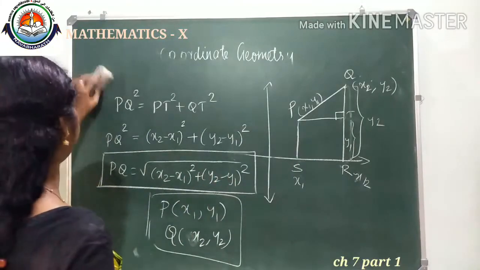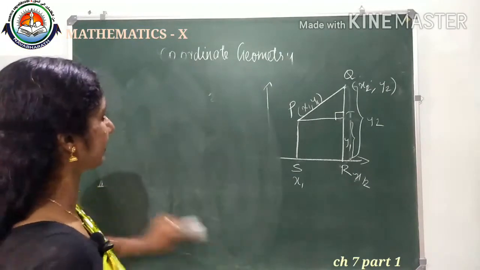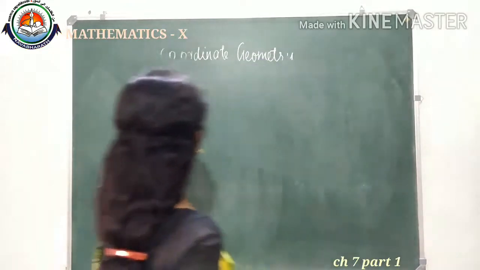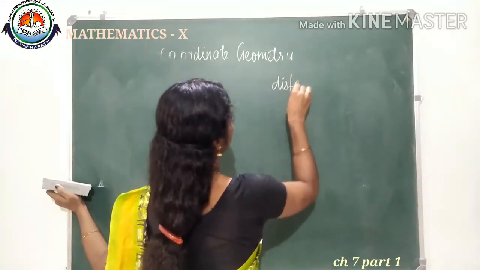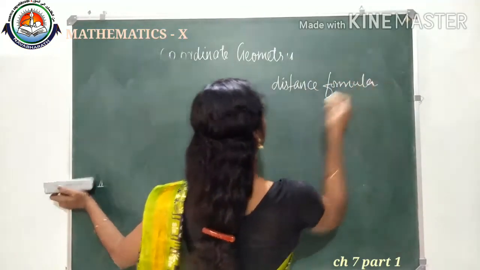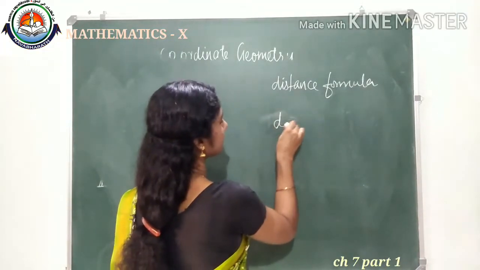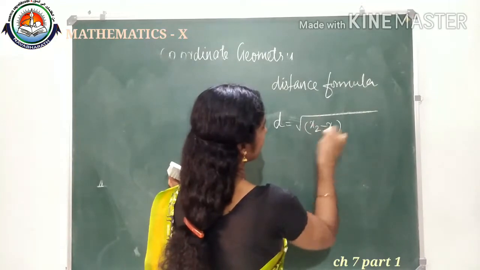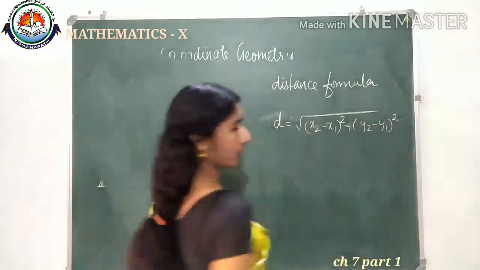Okay. Then we can do one problem. And this result we will call the distance formula. So what is the distance formula? Distance formula, that is PQ or distance equal to root of x2 minus x1 whole square plus y2 minus y1 whole square.